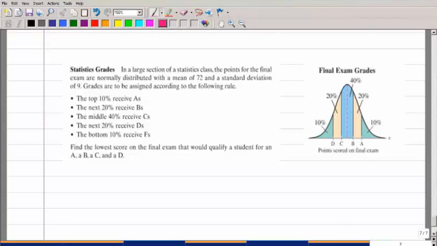The top 10% of the scores receive an A. The next 20% are B's, the middle 40% are C's, the next 20% are D's, and the bottom 10% are F's.